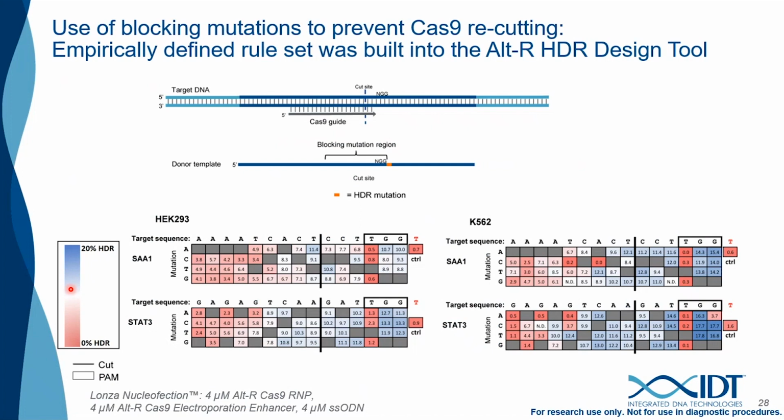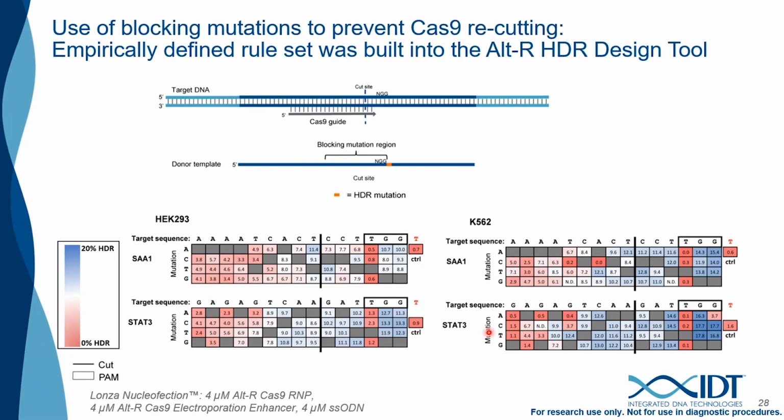So in this particular experiment, we generated a SNP just upstream of the PAM. And so we looked at the impact of mutating every other base within the PAM and seed region to every other possible base in several cell lines and at several sites.